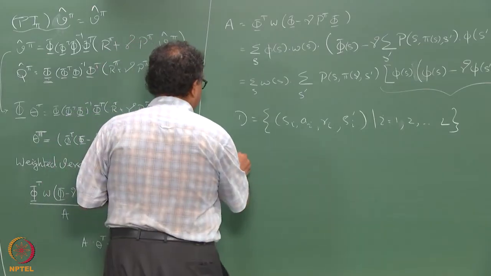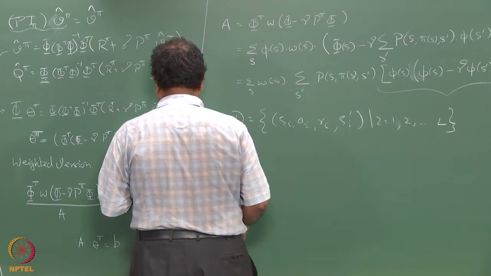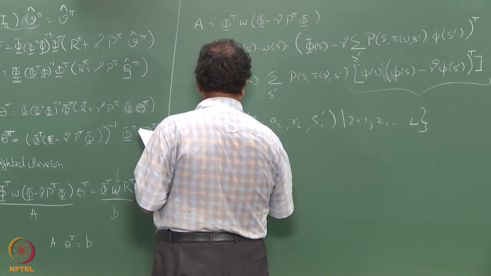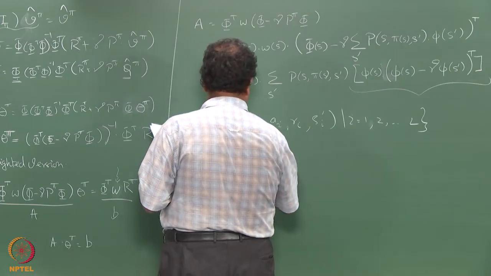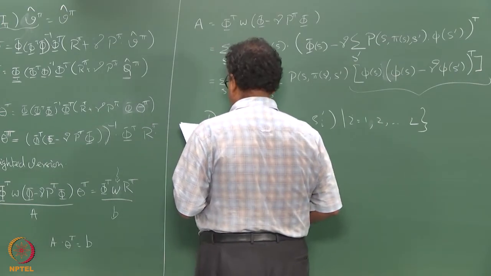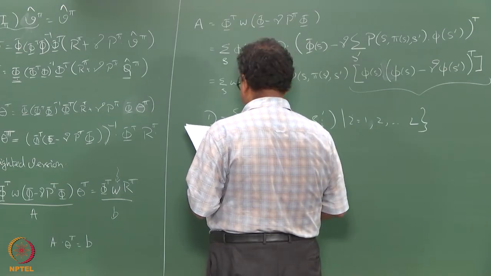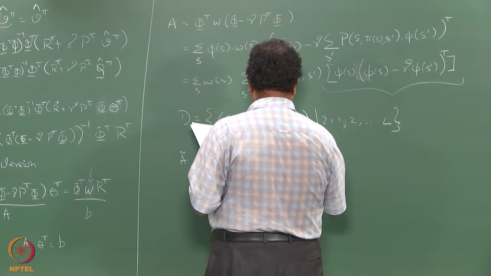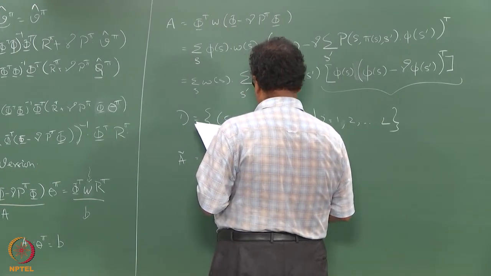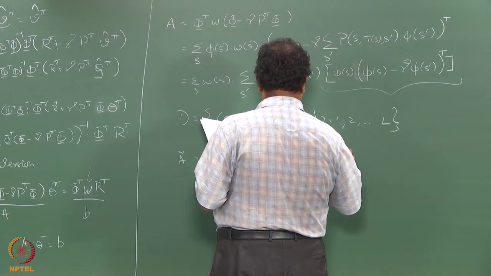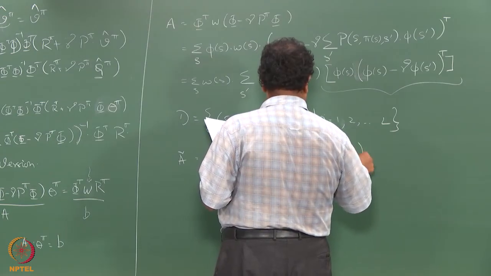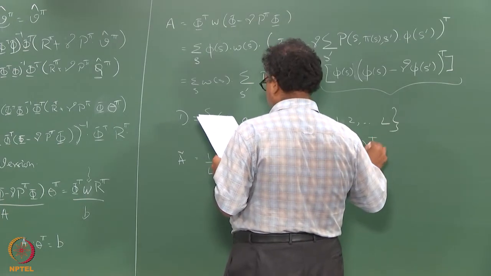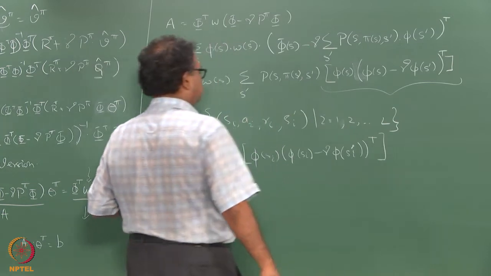Now what I can do is form an estimate for A tilde. This is my A tilde.